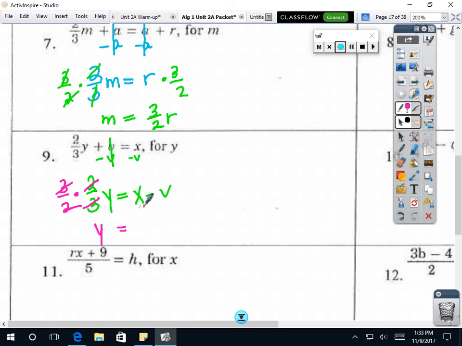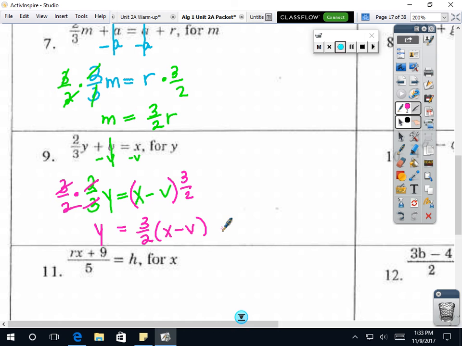But then when you go to this side and multiply by the reciprocal, you're multiplying the entire thing by 3/2. And so you put parentheses, showing that all of it's being multiplied by 3/2. Okay, not just the x, not just the v, but everything on that side gets multiplied by 3/2. Now, you may see them normally when you have something like this, they end up writing the number in the front.